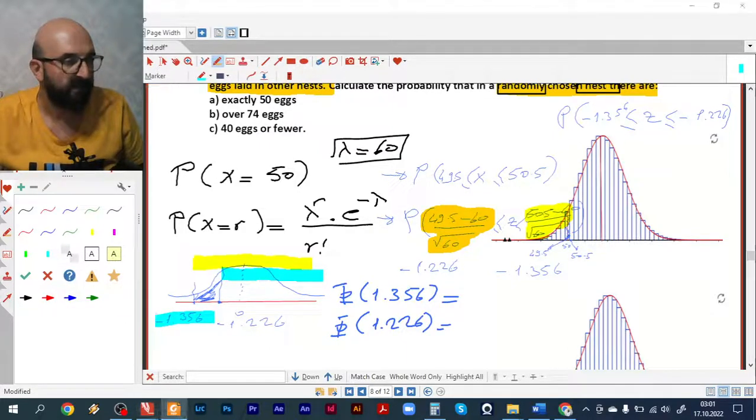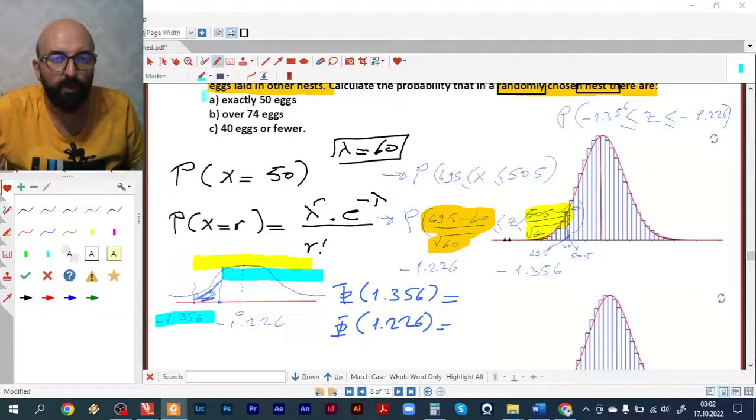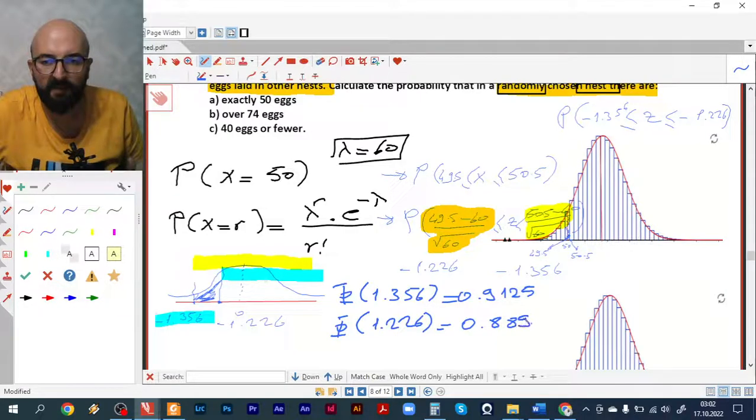Phi of 1.356 means 0.9125, and phi of 1.226 is 0.8899.